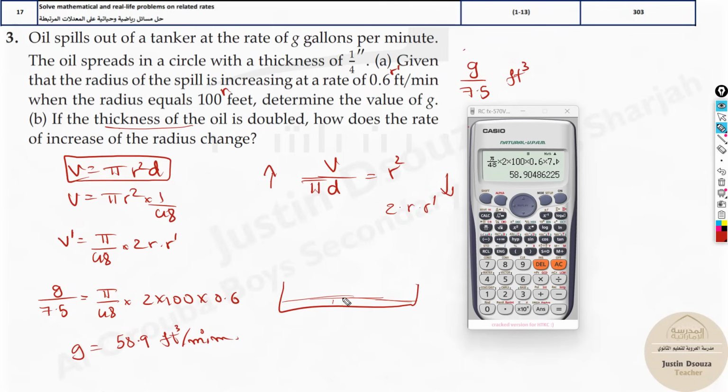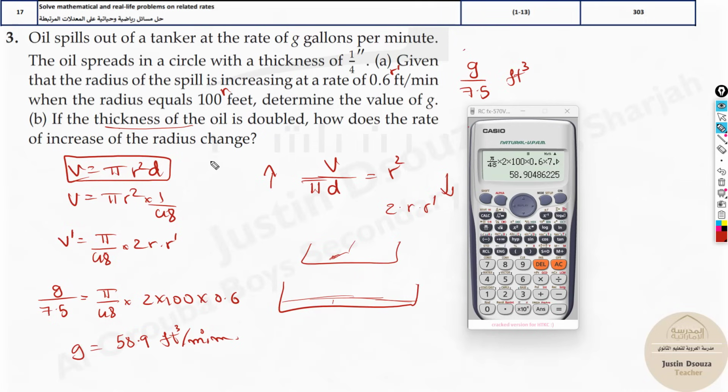Why? Because its thickness is very low. It's not viscous. It's very thin, right? It easily flows everywhere. But if you put honey, which is viscous, when you pour it, there'll be some thickness. So as thickness is high, the rate of change of radius reduces because it takes time to flow aside, right? So that is one more thing.